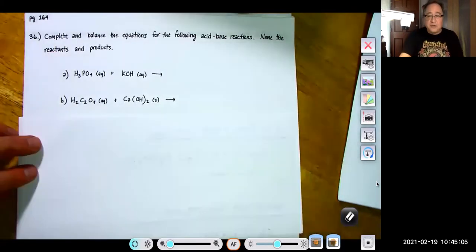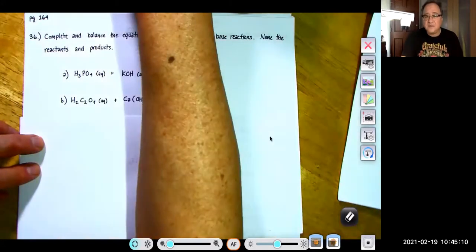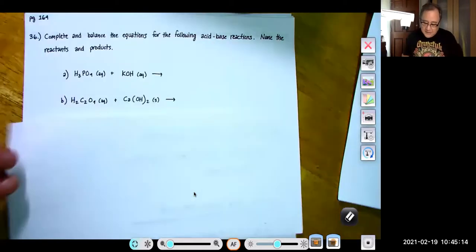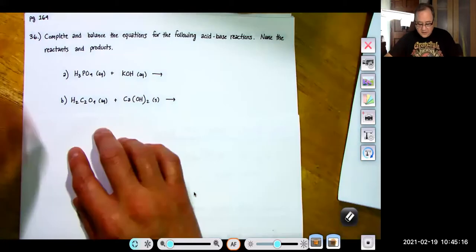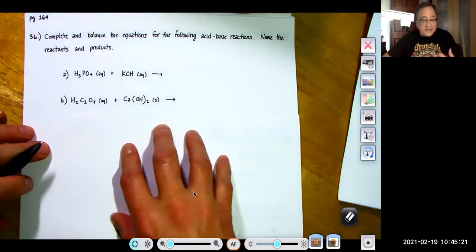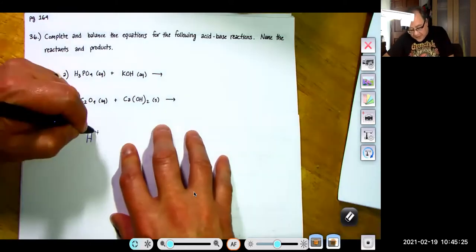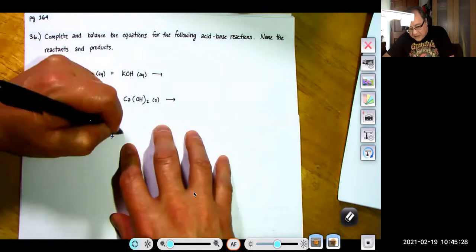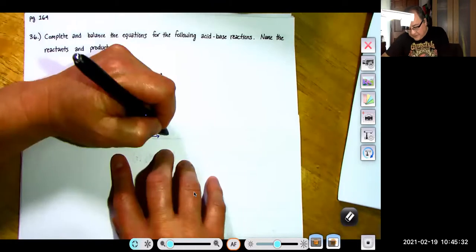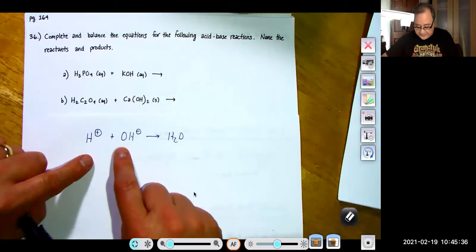Any questions on that last one? Okay, let's take a look here at completing and balancing the following. The deal with acid-base reactions is they all kind of follow this for the net ionic. This is not the net ionic for every acid-base reaction, but it is the net ionic for a strong acid and a strong base.